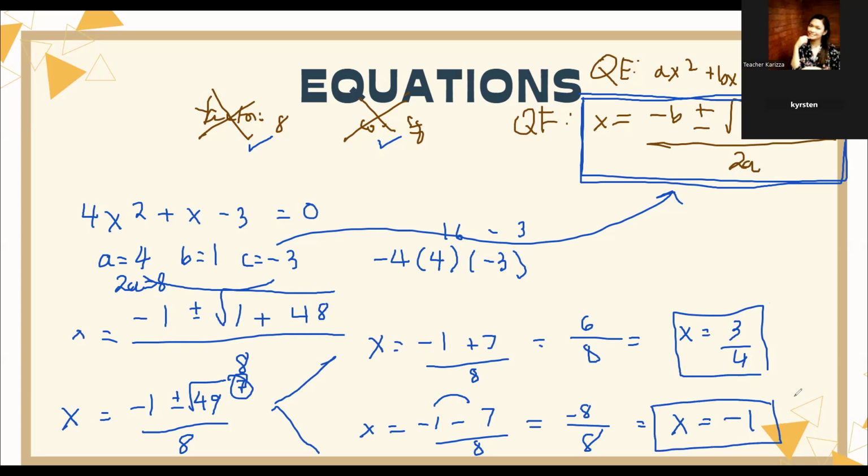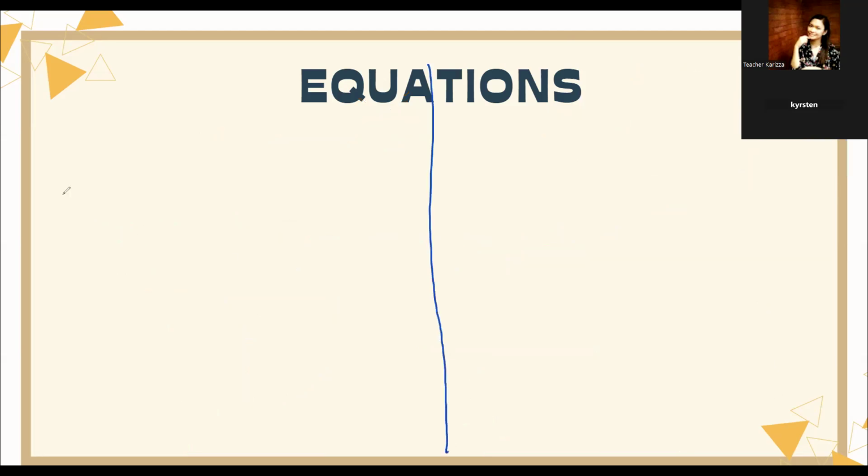Let's try another example. So let's rewrite our quadratic formula again. It is negative b plus minus square root of b squared minus 4ac over 2a.